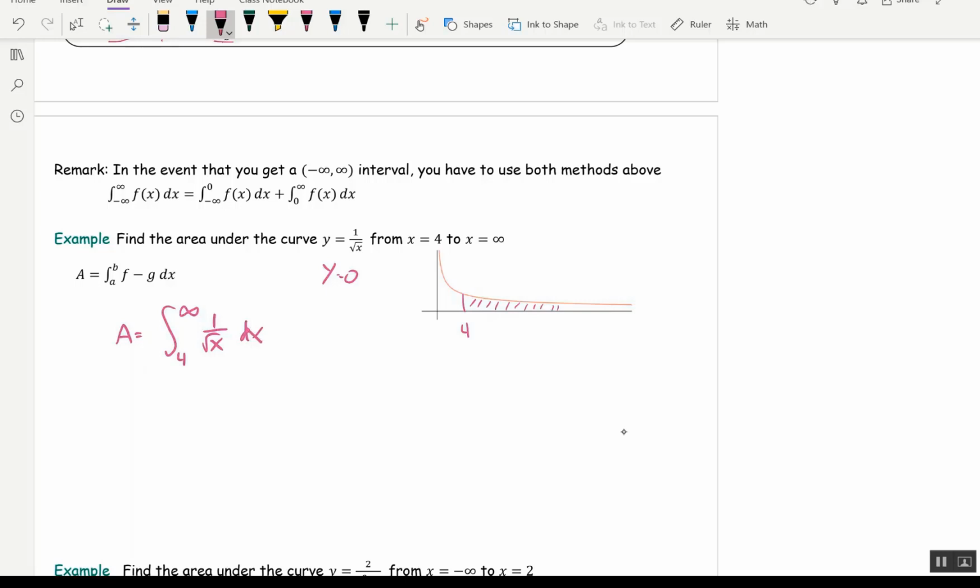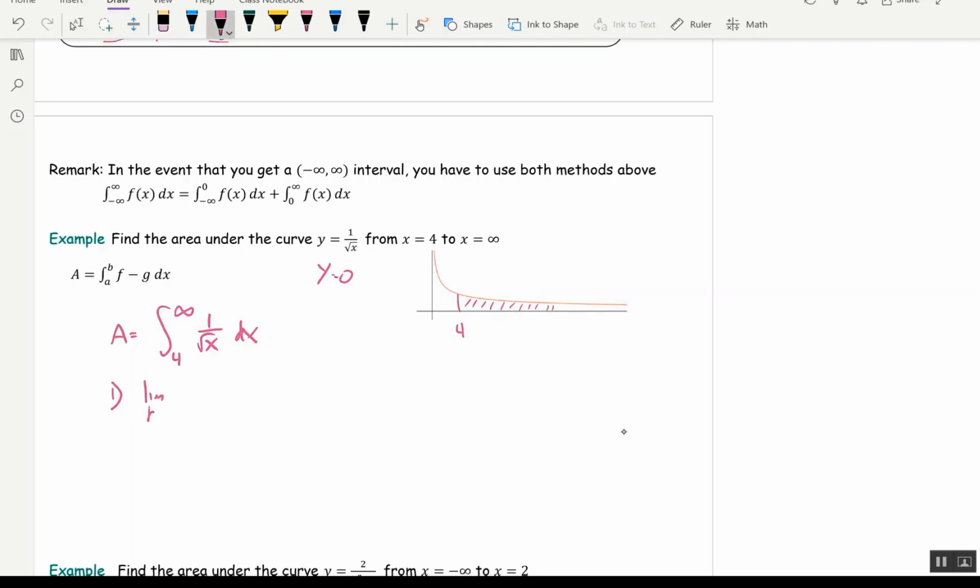So step 1 is rewrite this as the limit of a proper integral. So I want the limit as k goes to infinity, and I'll integrate from 4 to k. And I'm going to rewrite my integrand as x to the negative 1/2 to make the integration easier.